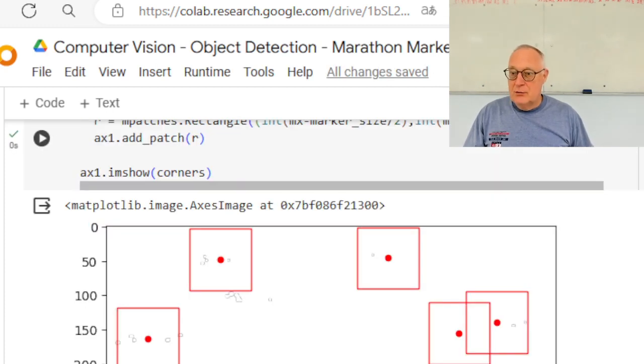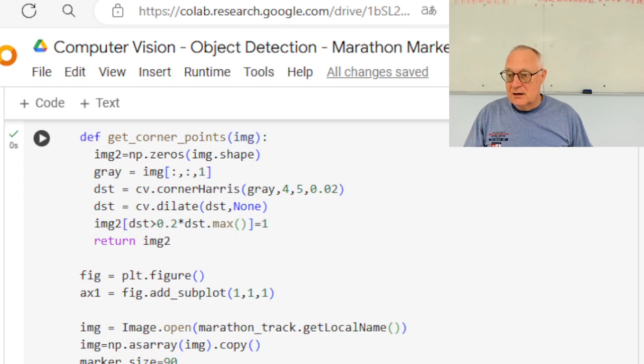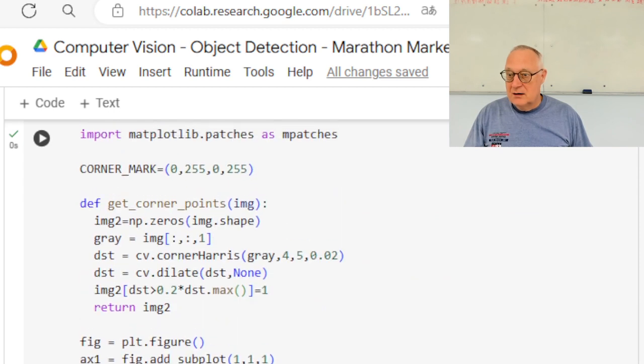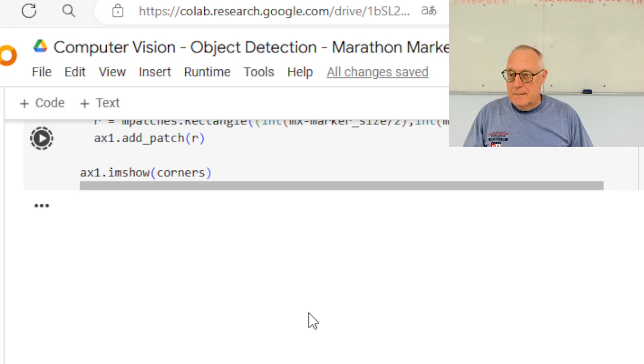Okay, so now we have more corners also in our areas here. I can set that a little bit, six.